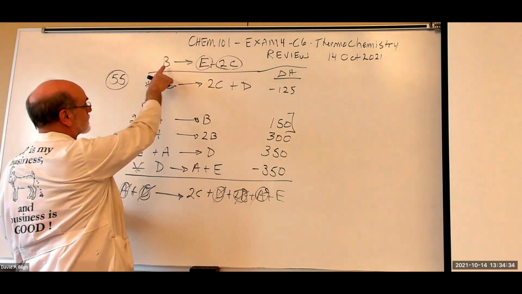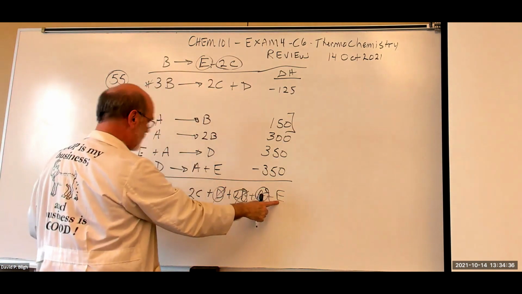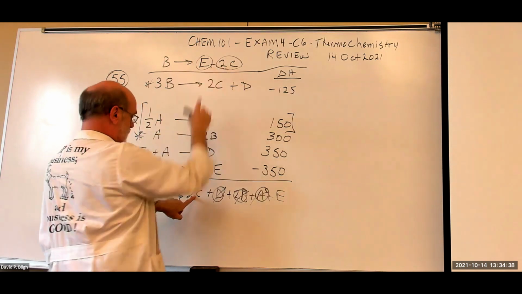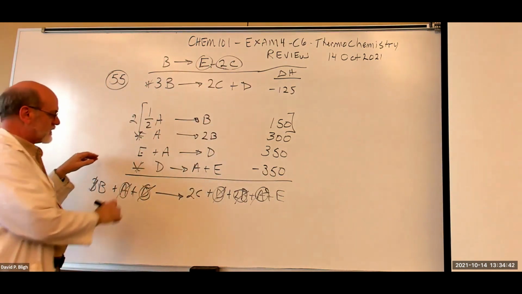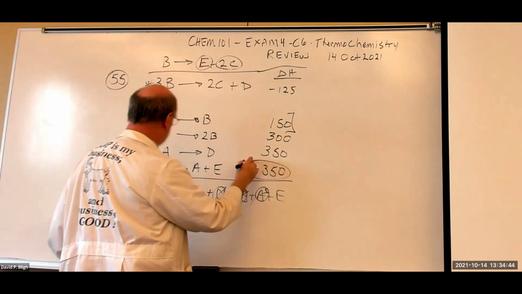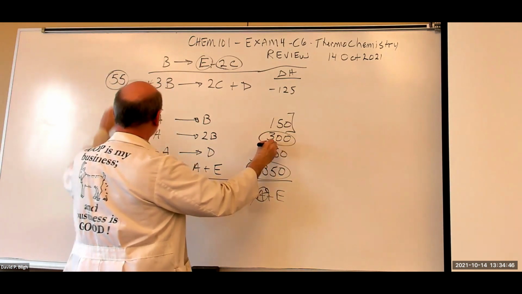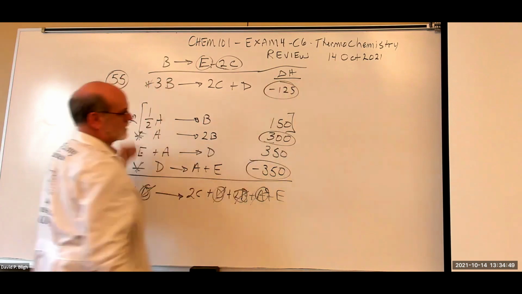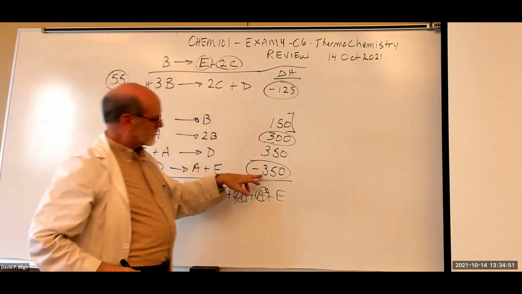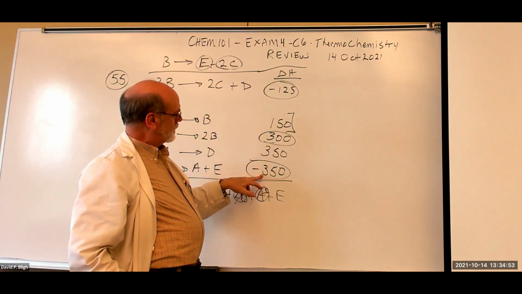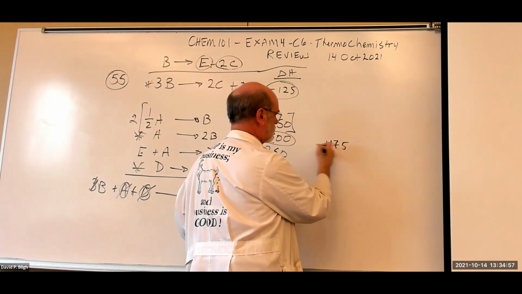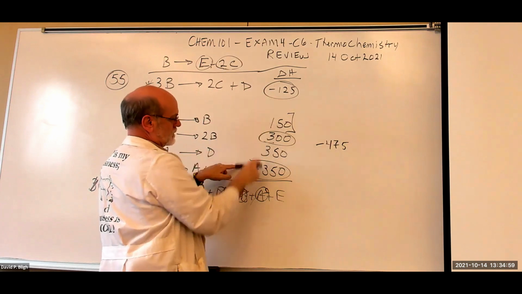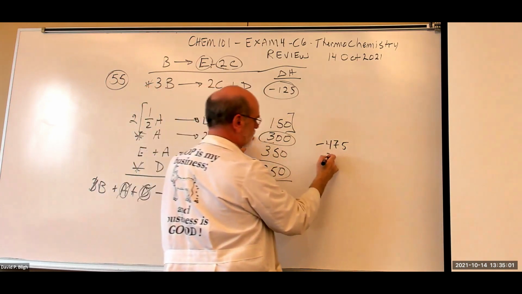So there's our B, there's our E, and there's our 2C. So we do have the correct combination. Now we need to add this one, this one, this one. So what's this one? A negative 475. These two negatives, and then a 300.